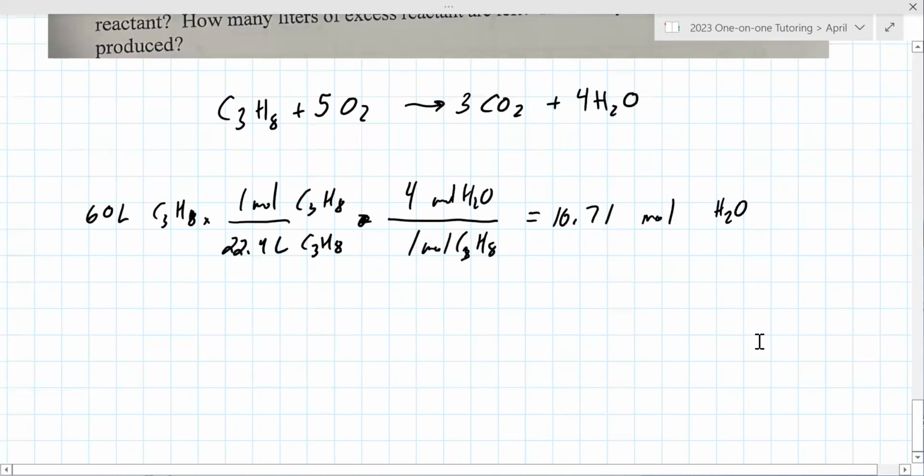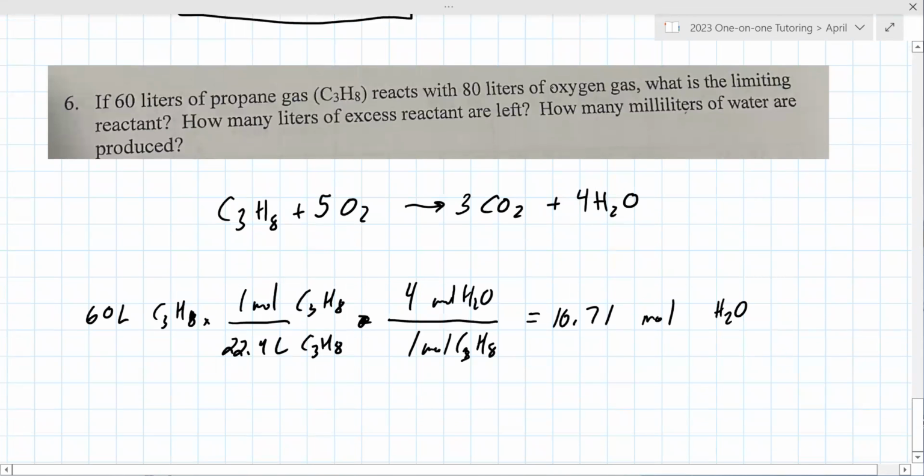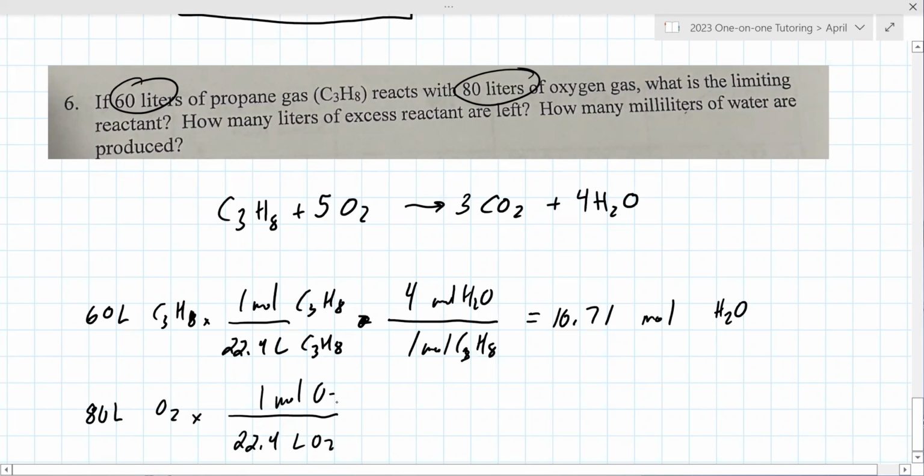Great. So next thing we do it for is the 80 liters of oxygen gas. Really a similar calculation here, 80 liters of O2 times 1 mole of O2 per 22.4 liters O2. And a different mole conversion though. This time it's 5 mole O2 to 4 mole H2O.